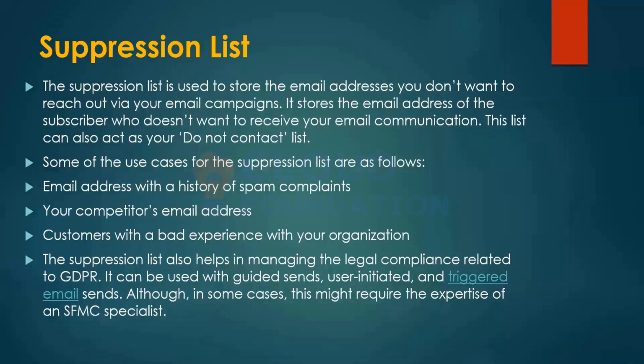When I am promoting my media, I do not expect them to get organization-related announcement notifications. There are some people I do not want to reach, like competitor company contacts, ex-associates, or similar kinds of business. I have to create a list. A suppression list is used to store the email addresses you do not want to reach out to with an email campaign.